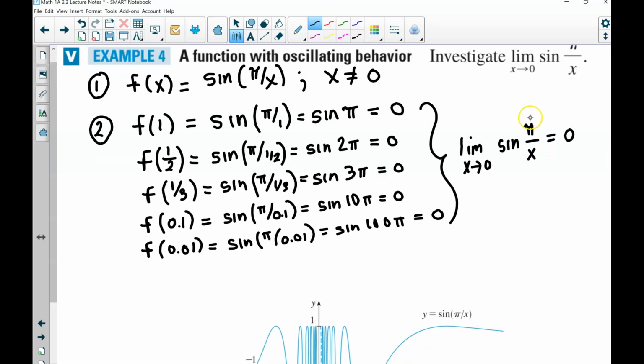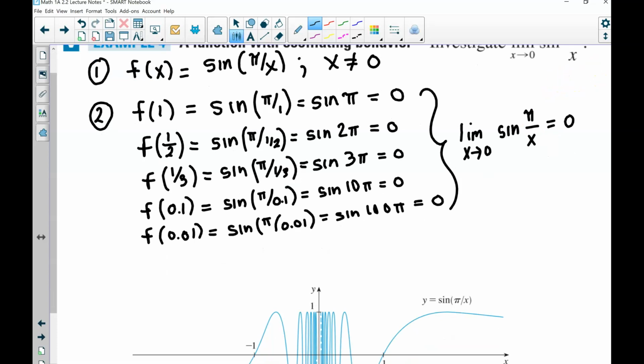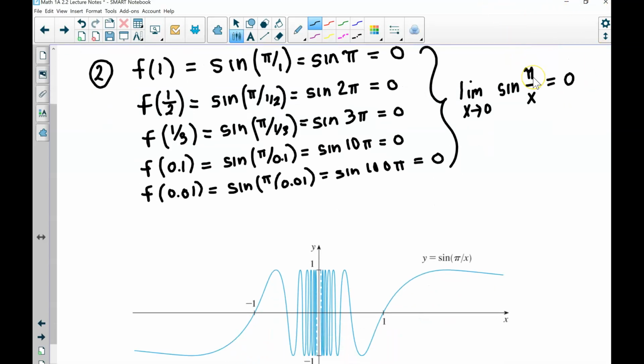But in this case, our guess is actually wrong, because notice that if we look at f of 1 over n, and we can call n whatever number that we want, that would equal the sine of whatever n is times pi, and regardless of whatever n is, it's still going to give us 0 for any integer n.